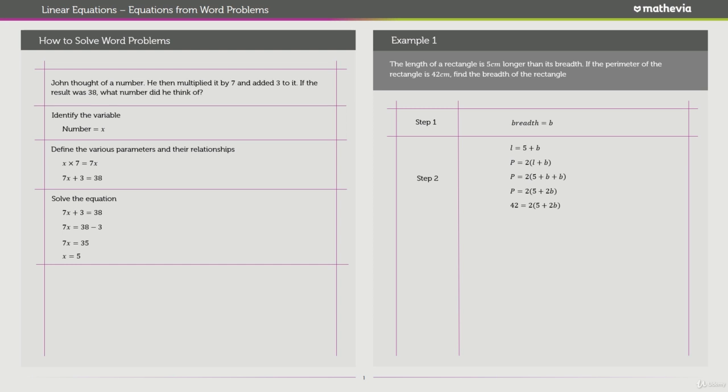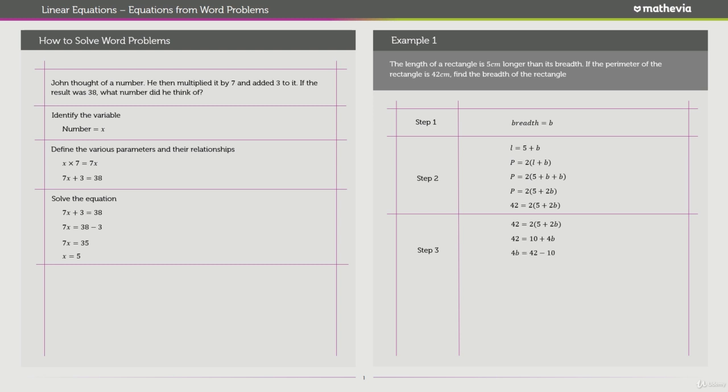I believe you'd agree with me at this point that we do have a very simple linear equation, and the next thing we do is go ahead and solve it. We have 42 equals 2 multiplying (5 plus 2B). We expand that out, and what we have is 42 equals 10 plus 4B.